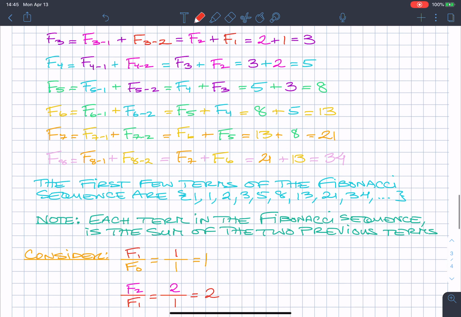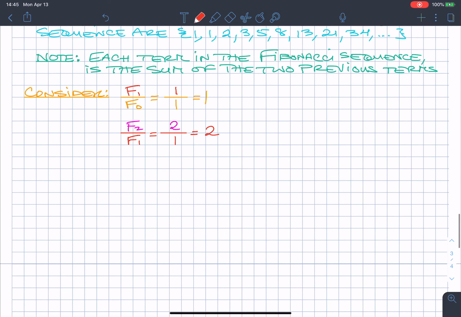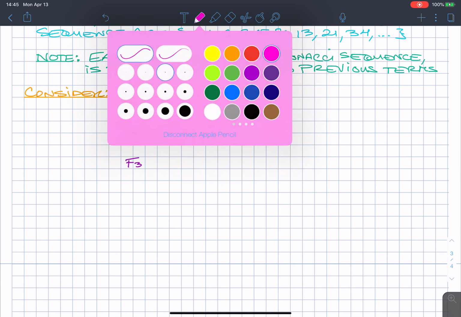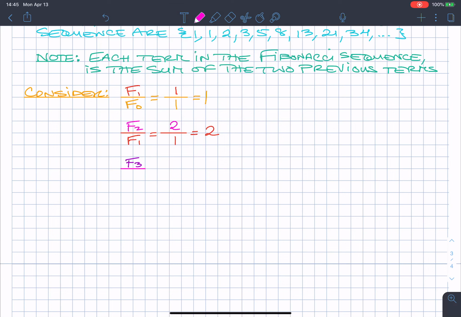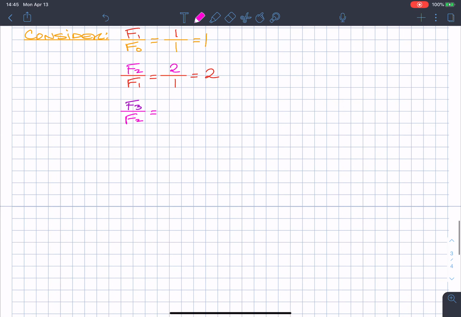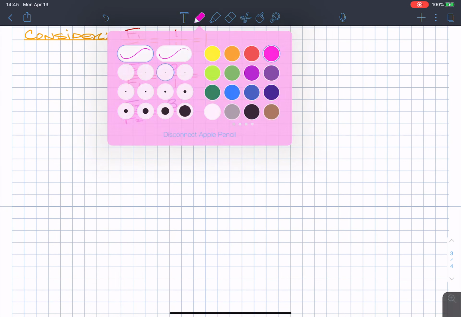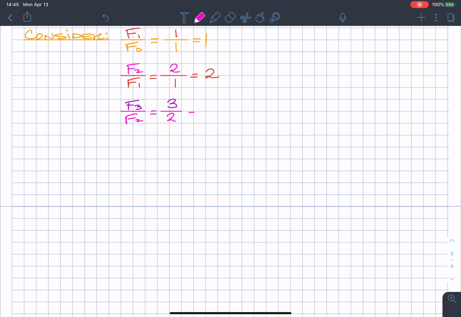Now let's do f sub 3 divided by f sub 2. So that's going to be f sub 3, which we found to be 3, divided by 2. 3 over 2 is 1.5.